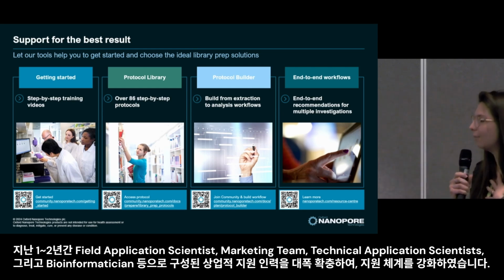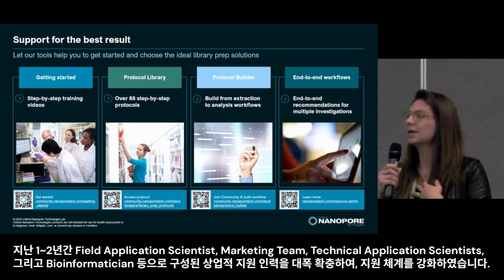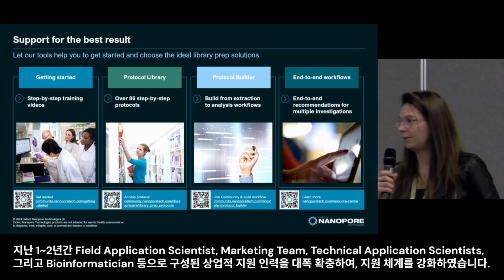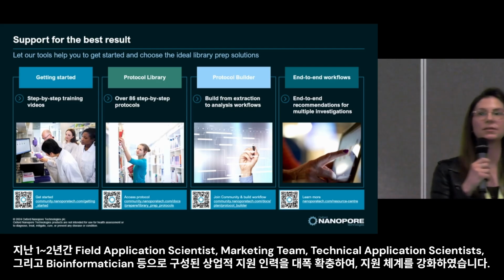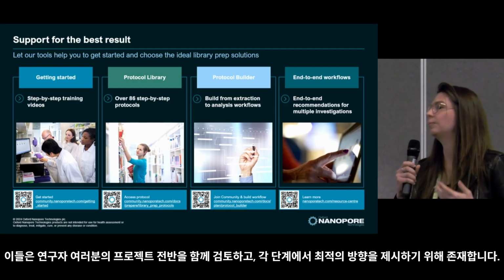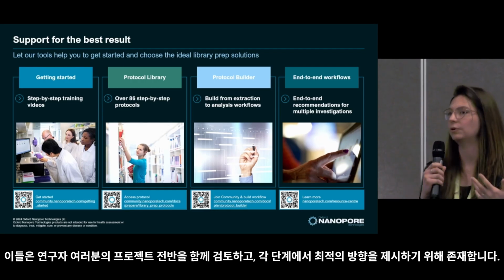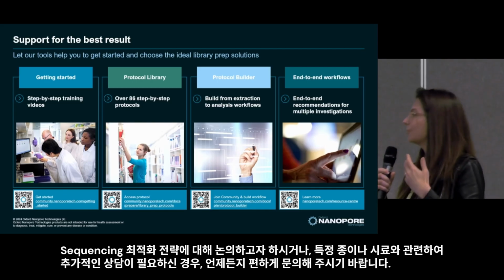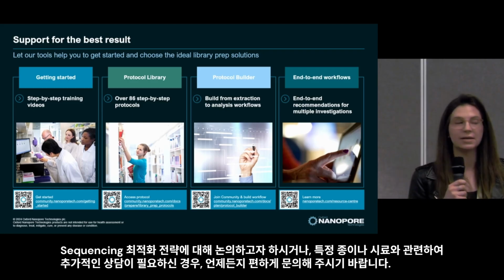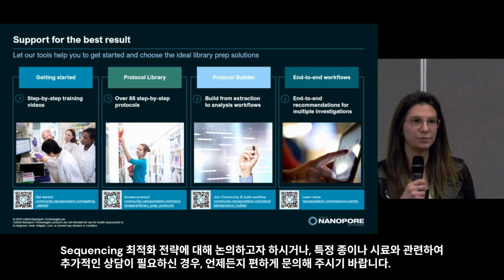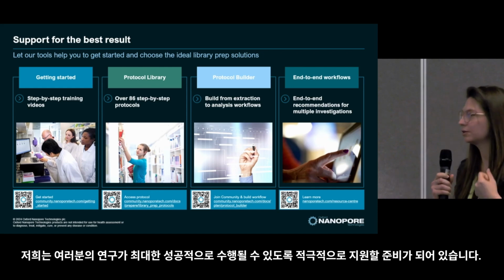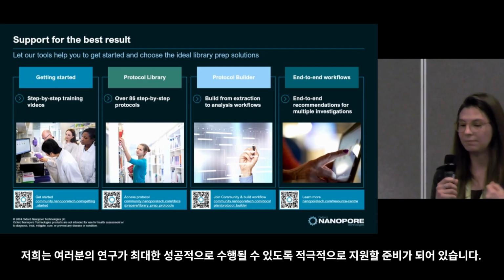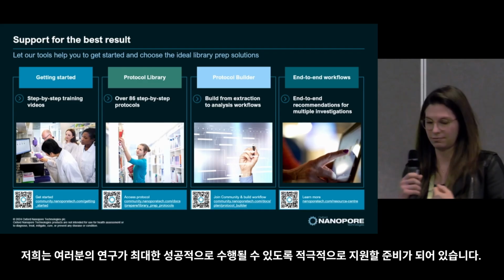So that includes people in my role, the field application scientist, as well as a wonderful marketing team and technical application scientists, bioinformaticians, et cetera, who are here to help you, guide you through your project. So come find me if you're interested in talking about optimization. If you're interested in talking about your individual species type, we are so willing to put this effort toward really making this the best for you.